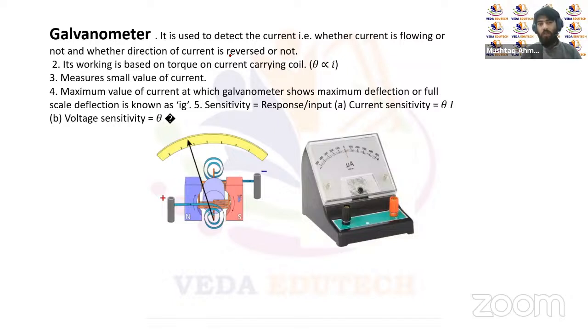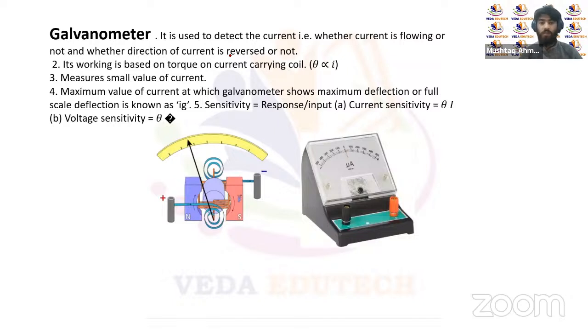So the galvanometer is the device used to detect the presence of a current in a circuit.